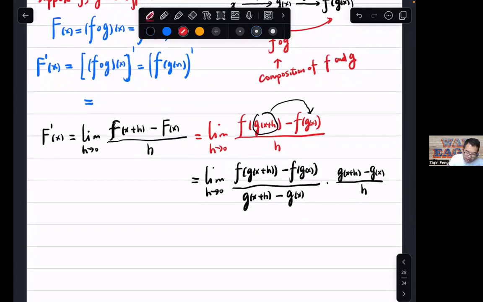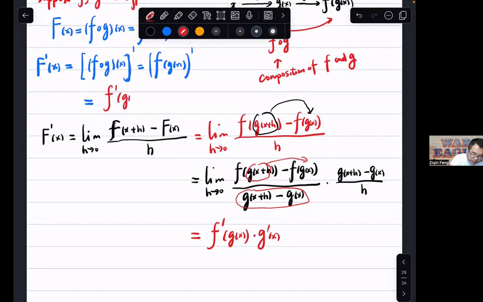This term gets closer and closer to that, and the denominator is a difference. So the first factor, because f is differentiable, is the derivative of f at that number. The second term is the standard definition for g prime of x as h goes to 0. So that is the derivative of the composition, and you get f prime of g of x times g prime of x.